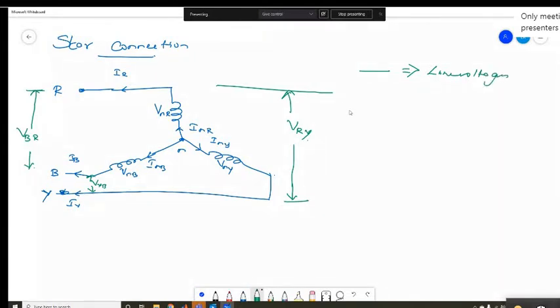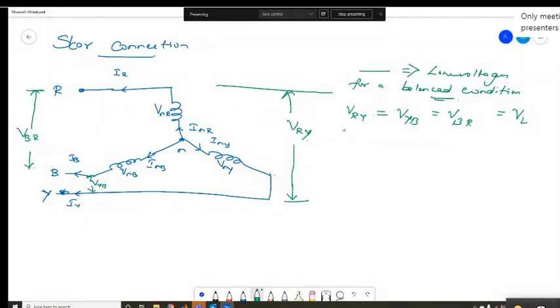So my VRY, my VYB and my VBR are all line voltages, and these are all equal for a balanced load condition. So for a balanced load condition, this VRY, VYB, VBR and VL are equal.